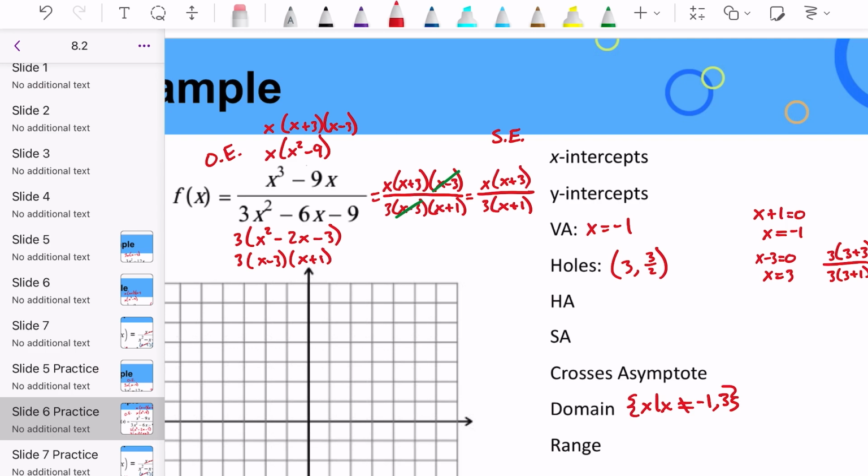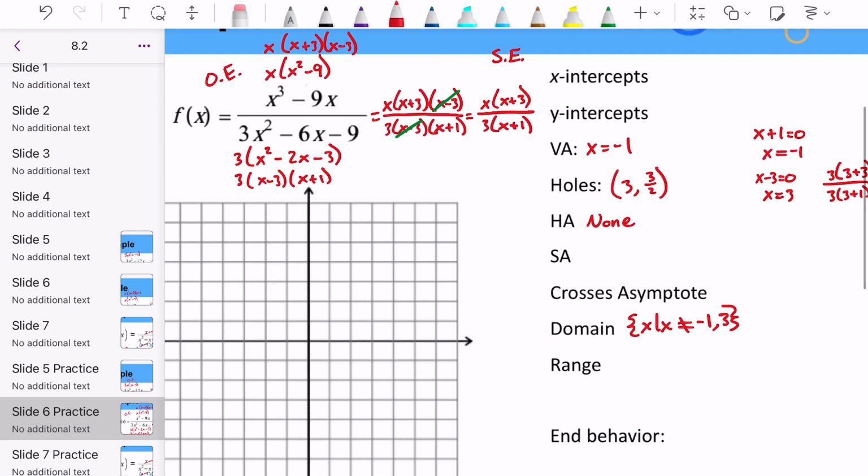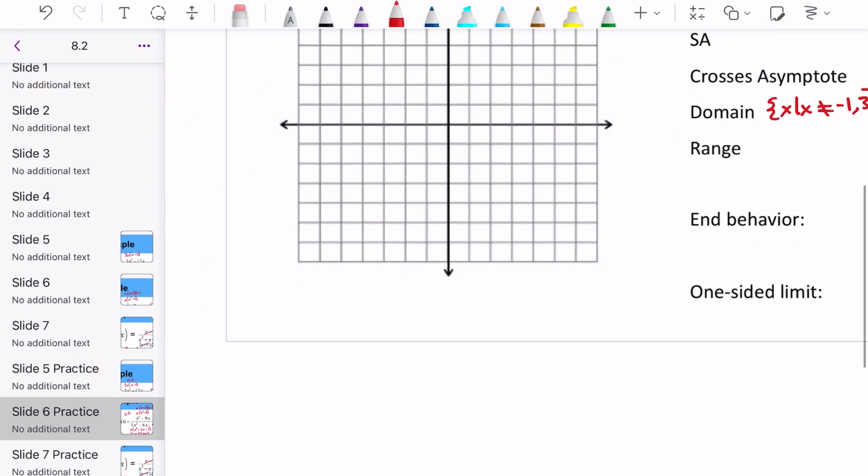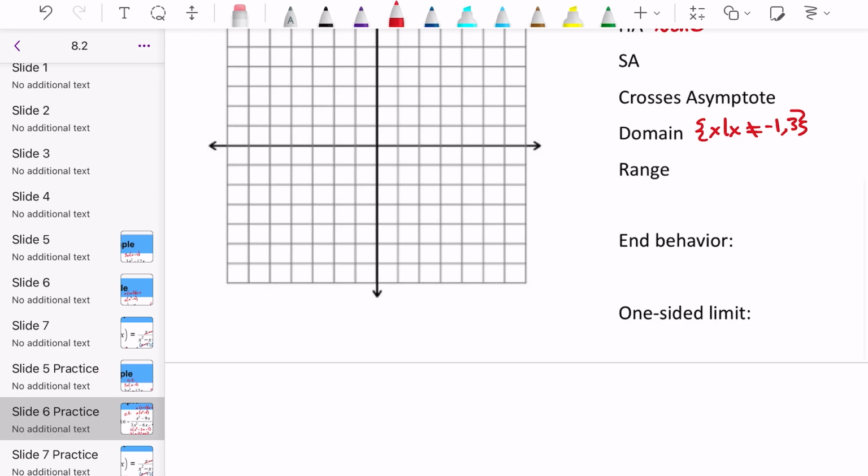We would go ahead and put none next to our horizontal asymptote, and we would go ahead and conduct the long division for our slant asymptote.